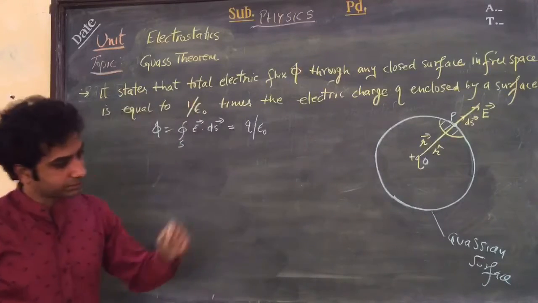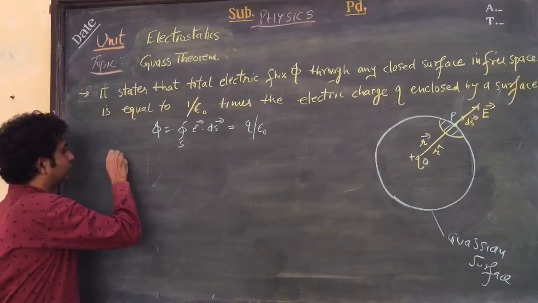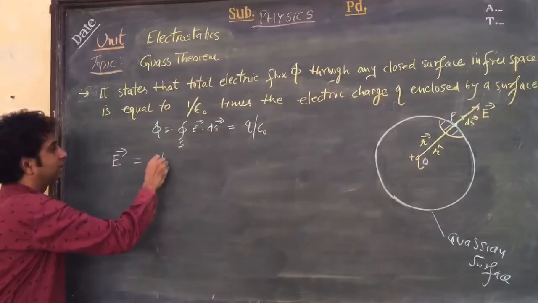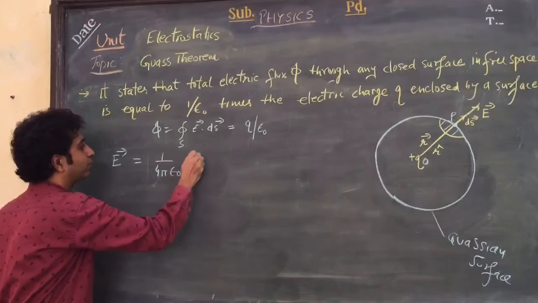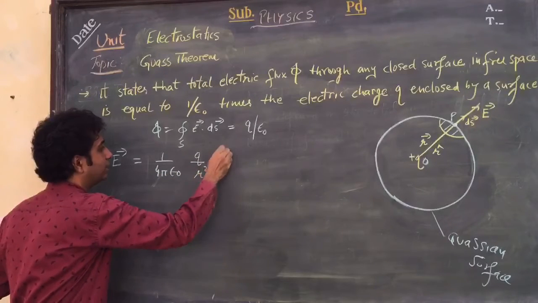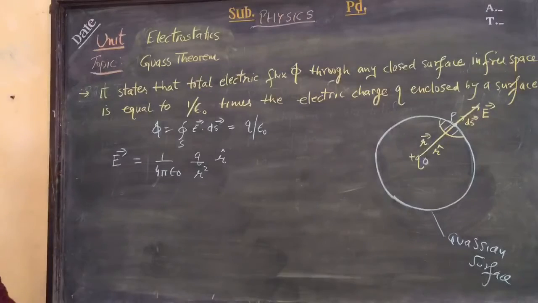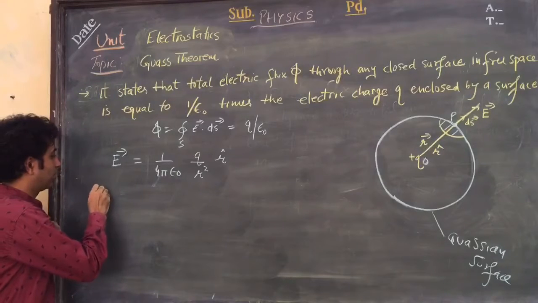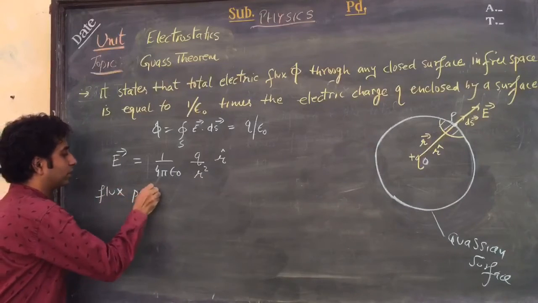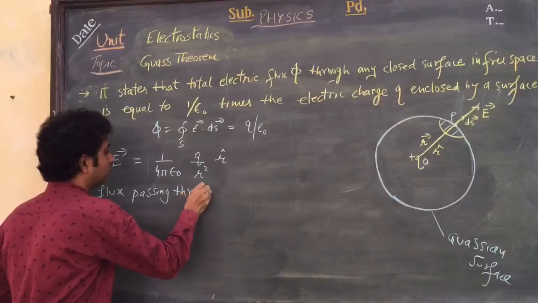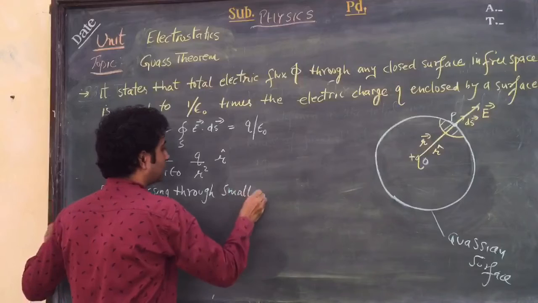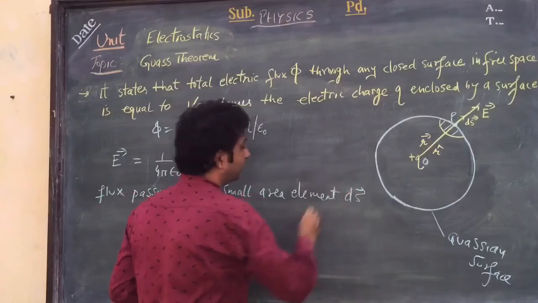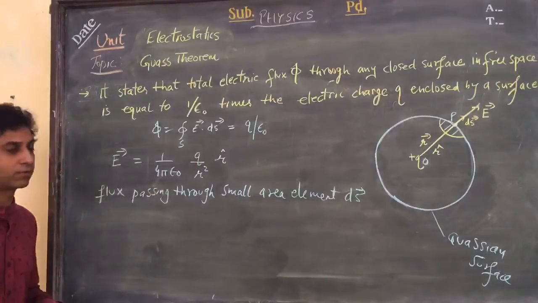Now, if I write the expression for the electric field due to a given charge, as per the formula it is 1 by 4 pi epsilon Q by r square into r cap. This is the electric field expression. Now the flux passing through a small area element dS: first we will take a small area element, then we will generalize to the whole Gaussian surface.